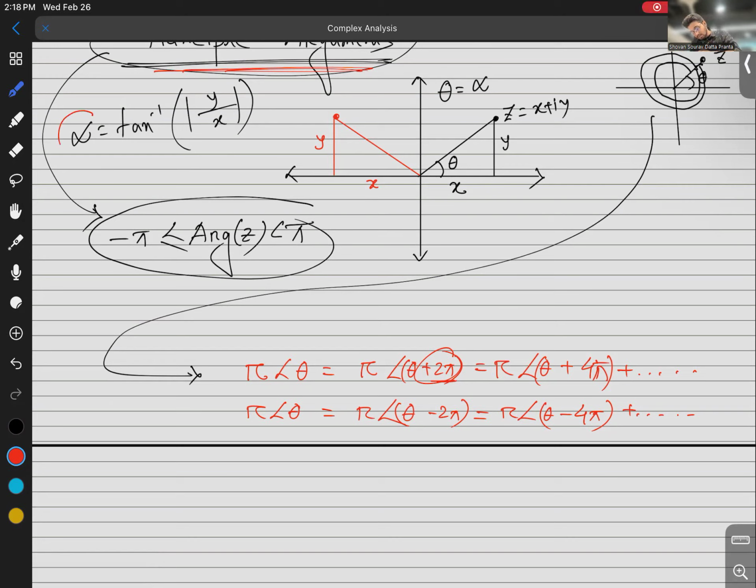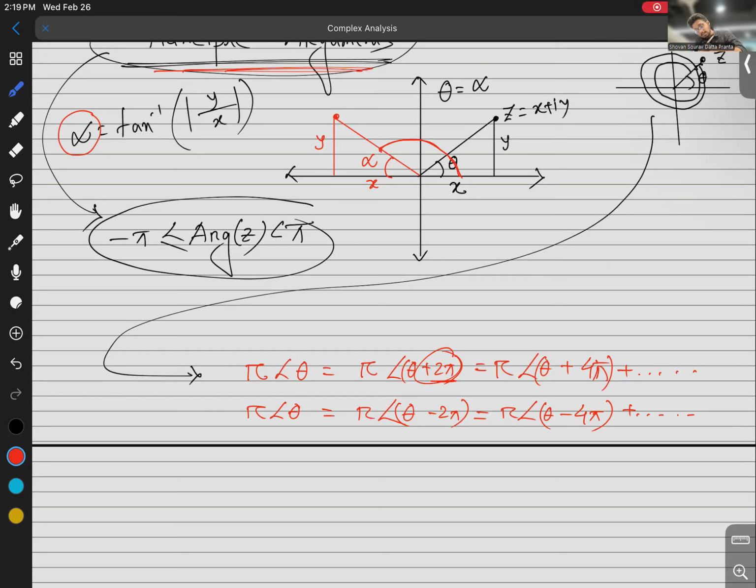So if we find this alpha, it will be this angle, but we are not considering this angle as our argument of z, because the argument of z is the angle measured from the positive real axis. That is, this is our angle which will be considered.